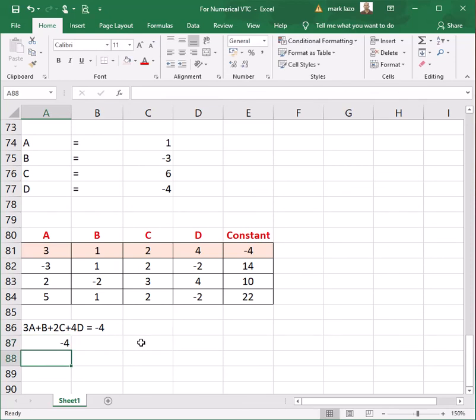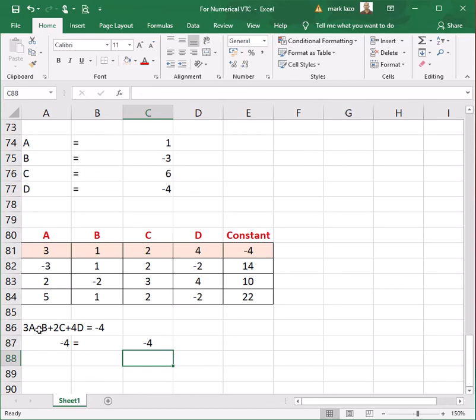So -4 should be equal to, from the equation, that is minus 4.